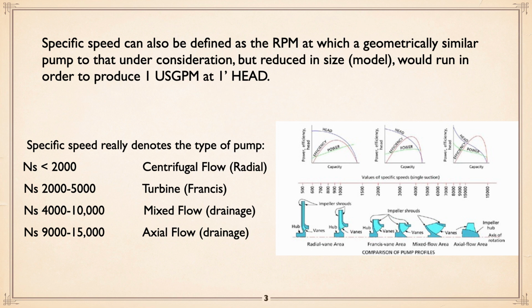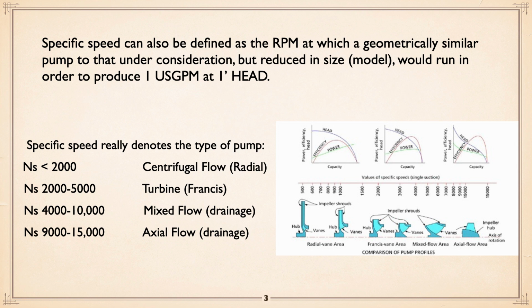Now, moving up to between about 2000 and 5000, you get into turbine or Francis type pumps, where it's an angled discharge. Not super dramatic, but still. And again, if you look at the chart on the right, the middle two, you can see that we're discharging at a bit of an angle, but not straight out and certainly not straight back.